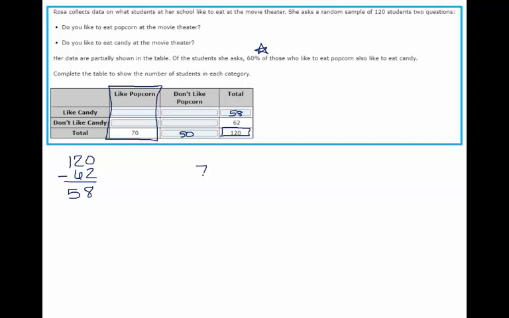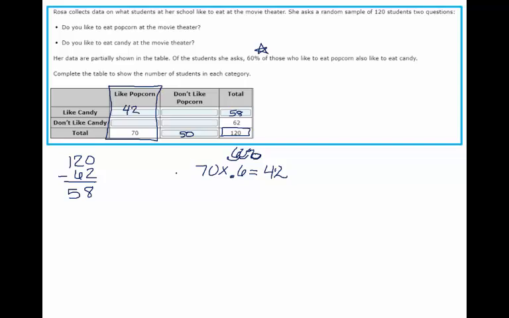So if we take that 70 and we multiply it by 60%, which anytime you use a percentage, you do have to put it into the decimal form. So our decimal form of 60%, you just move the decimal place over as 0.6. And 70 times 0.6 gives you 42. So that means that 42 would go here.